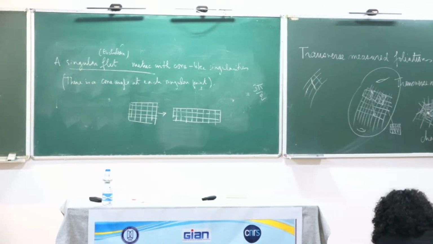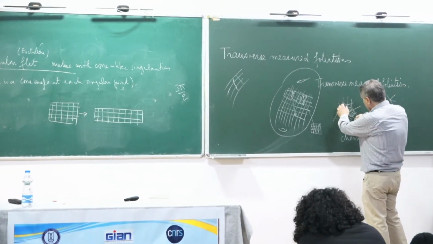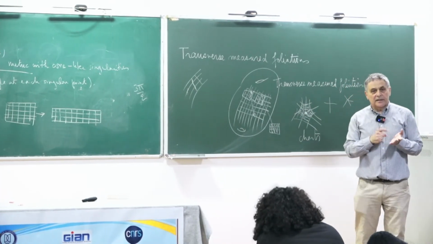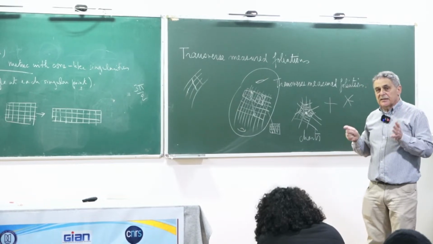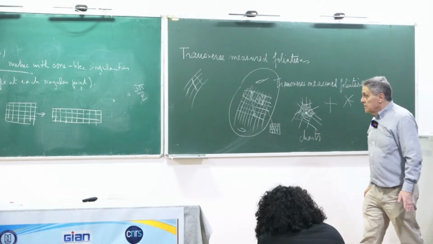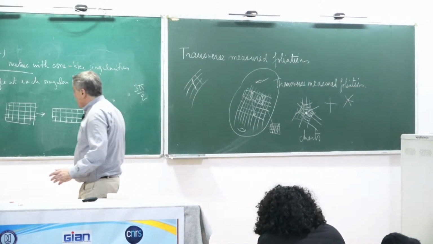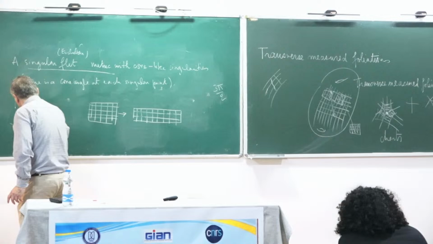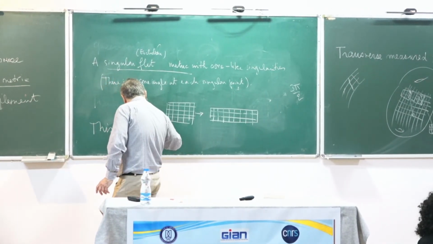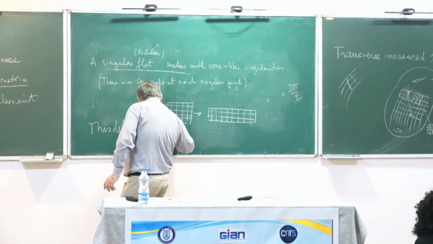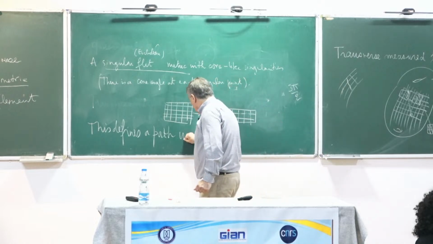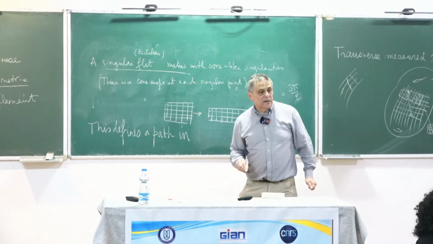At the singular points, I'm doing the same thing on all these sides, so I get the required result. That is, I get a singular flat structure with the required singularities. So this defines a path, a continuous curve, a path in what?